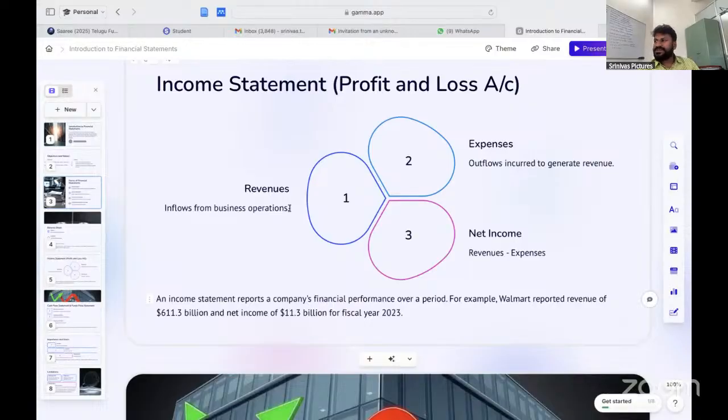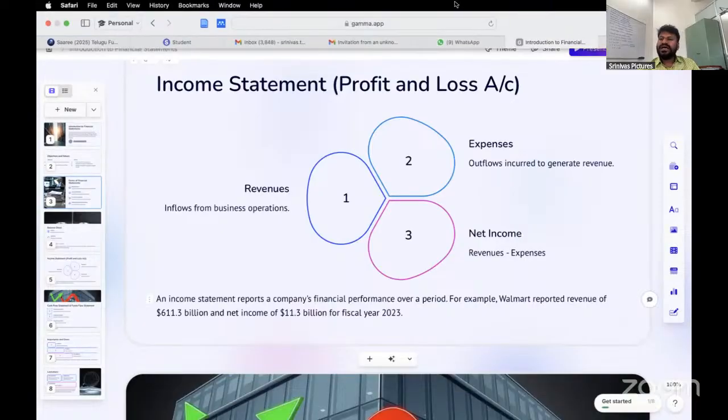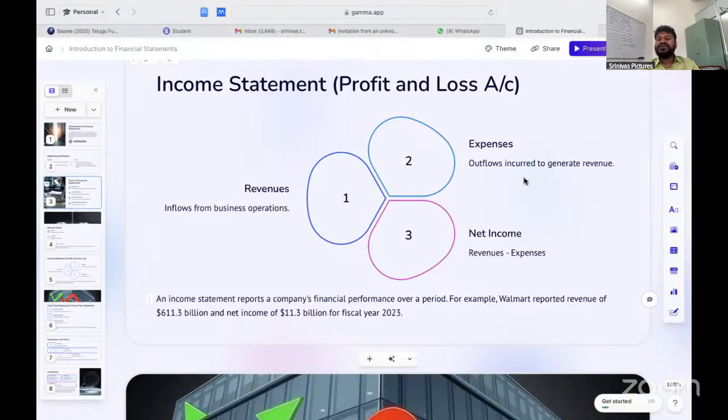And expenses talk about whatever amount goes out, the outflows incurred in generating revenue. The difference between these two, revenues minus expenses, is called net income. So net income we can calculate after calculating revenues and expenses. That is called the income statement.